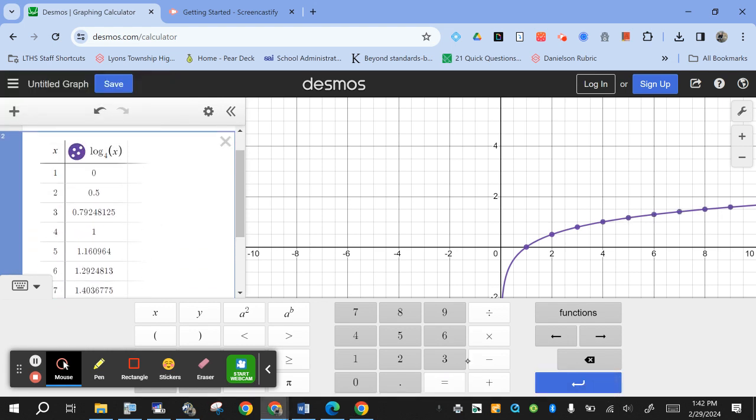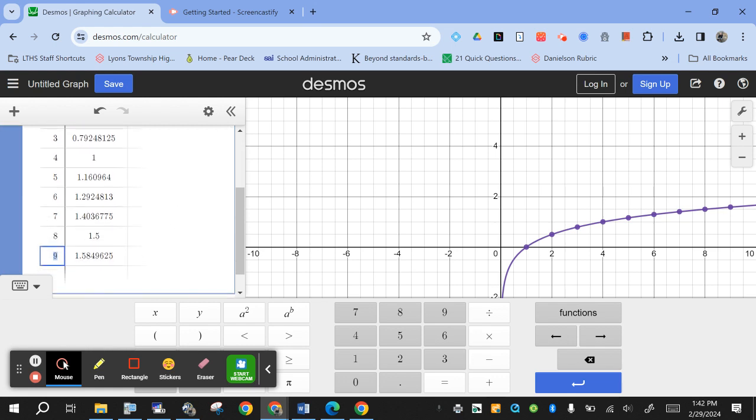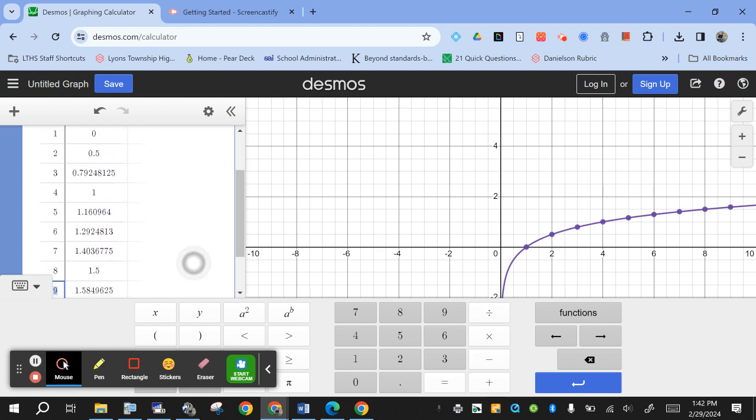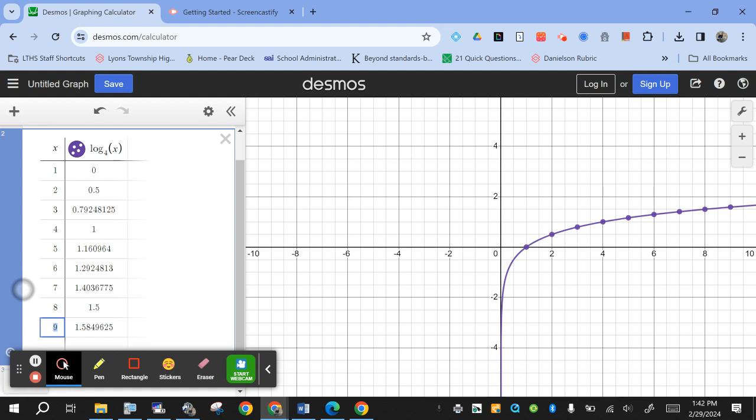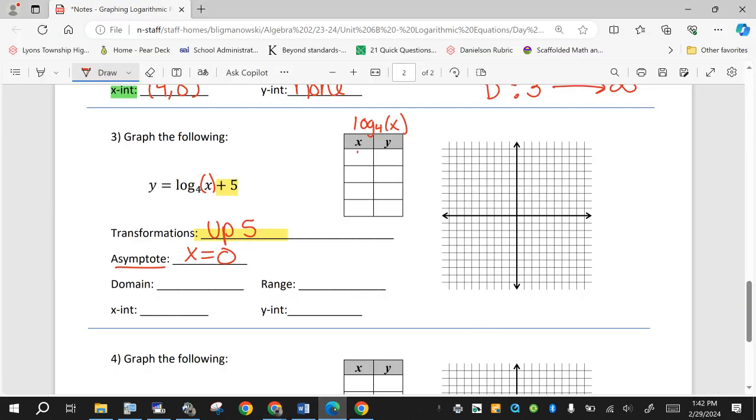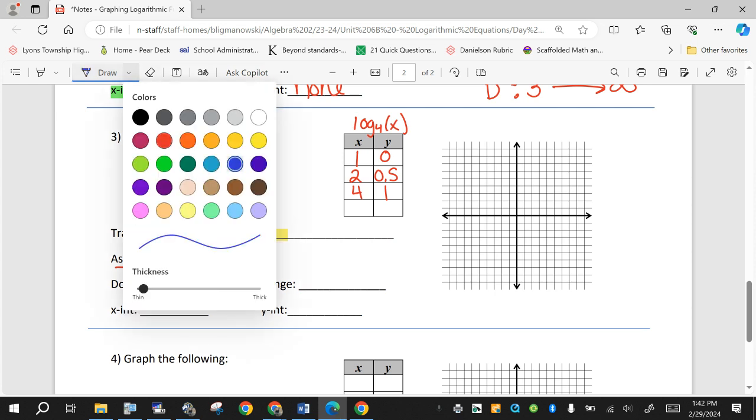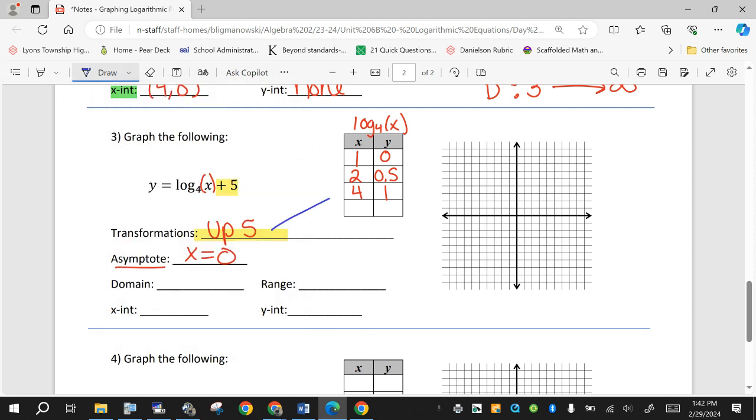So 1, 0. I could do 2.5 and then 4, 1. I could do 8, 1.5 if I wanted to. So let's do those. So I think 3 points is enough. And so I'm going to take those points, but then I'm going to move them all up 5.